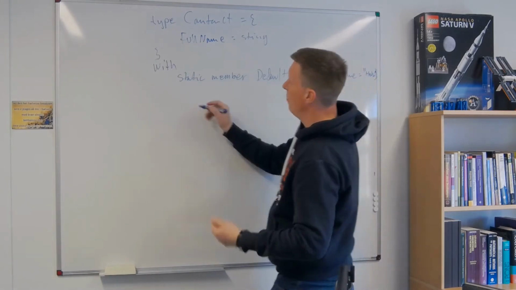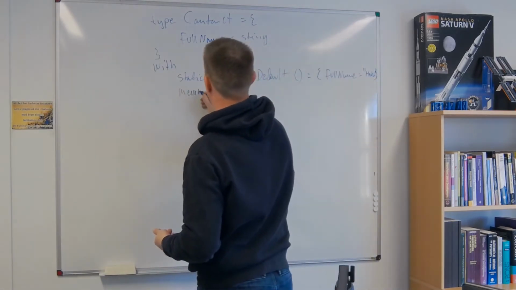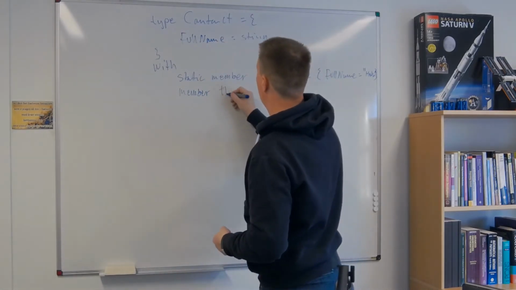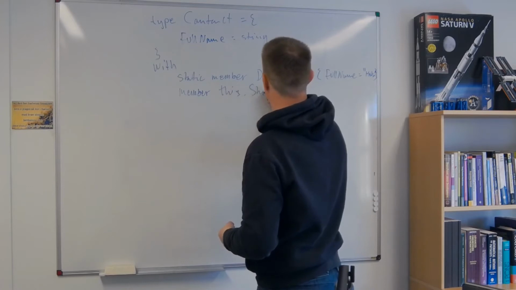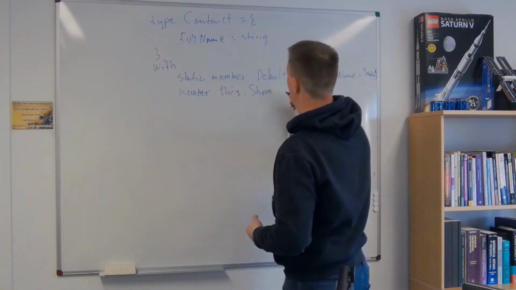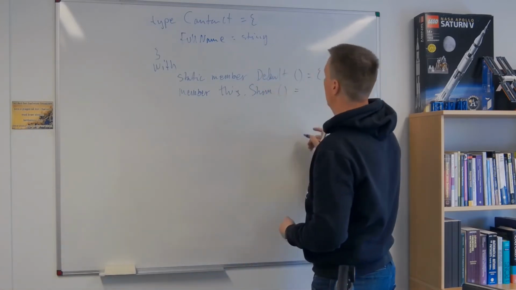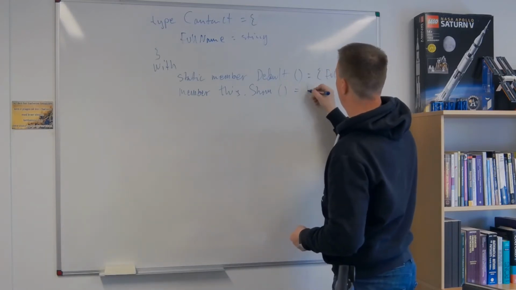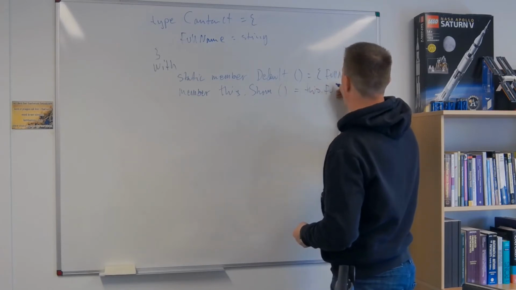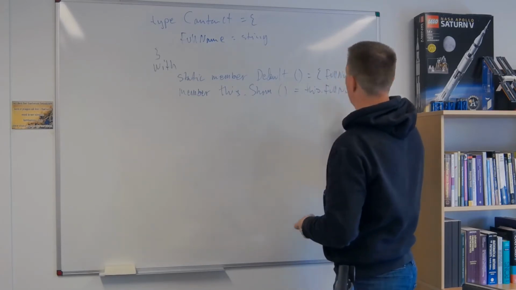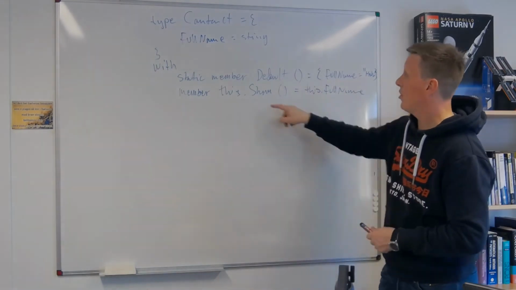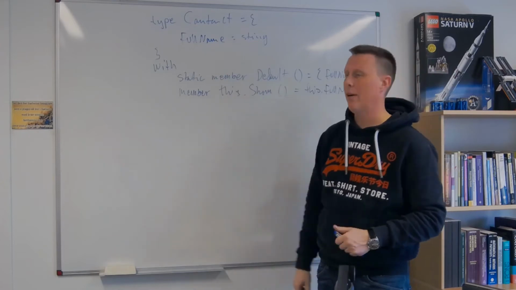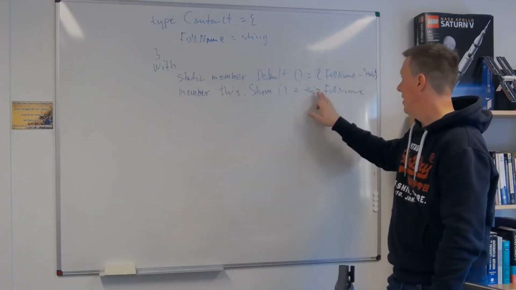I can also have normal members. Member this.show equals this full name. So now I can actually refer to this particular record through this name.